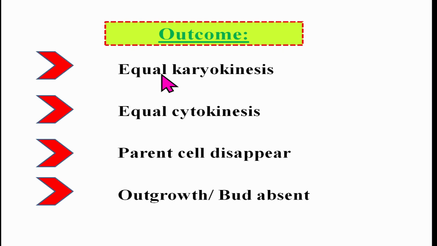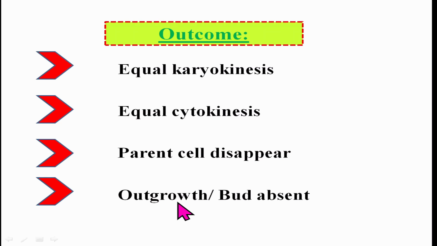Now let's move to the next point, that is outcome of this type of fission. What are the outcomes? In case of fission, there is equal karyokinesis, that means equal division of nucleus, as you can see in the diagrams. Then equal cytokinesis, that means equal division of cytoplasm. You can see the formation of two or three daughter cells, and the parent cell will ultimately disappear.